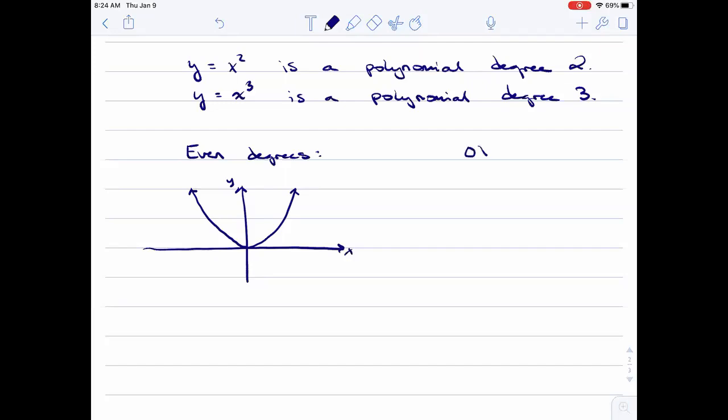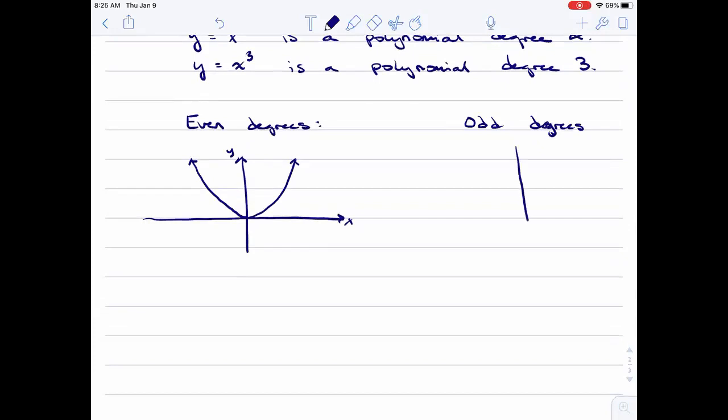And odd degrees will follow the same shape as x to the power of 3. I guess I should have smushed it more. That's some odd degree, depending on how high it is. But the shape is all we care about. Okay?